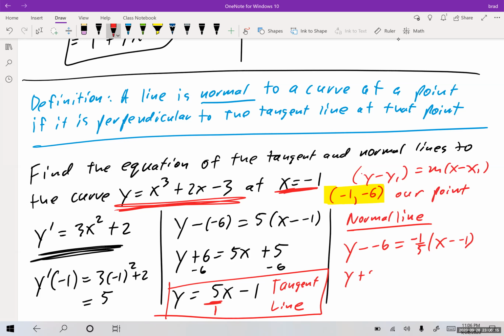So now we have y plus 6 equals -1/5 x minus 1/5. Then we subtract 6, so y equals -1/5 x minus 6 1/5, or you could say 31/5, either way.